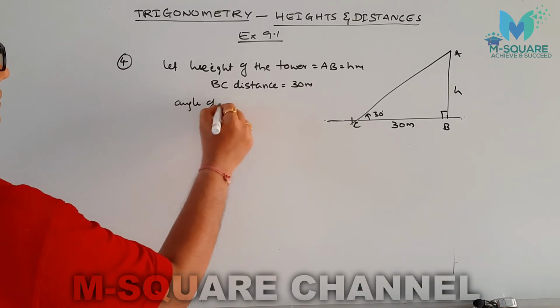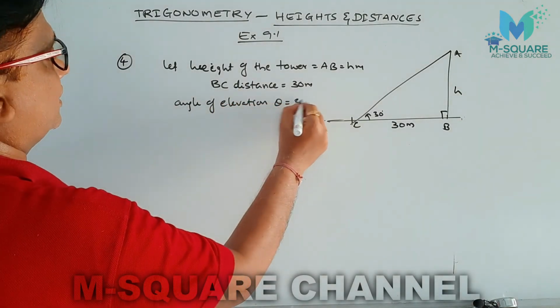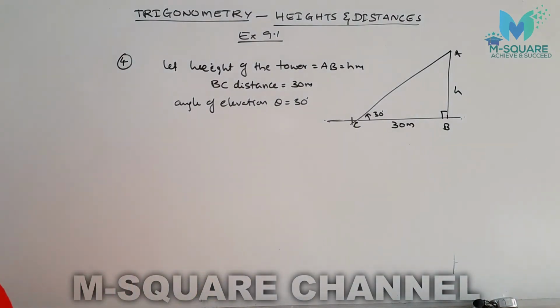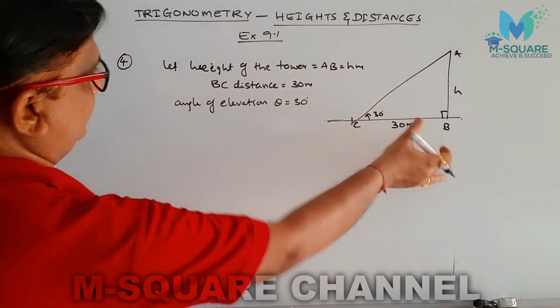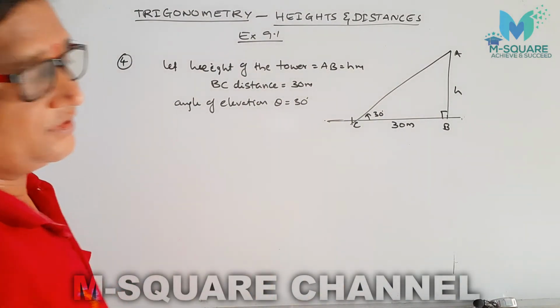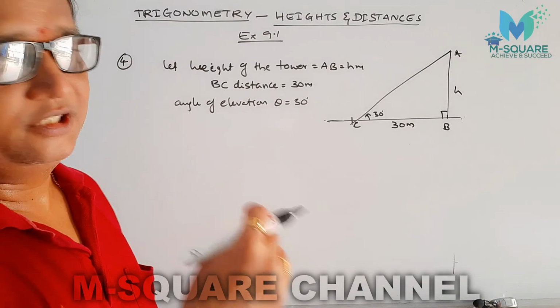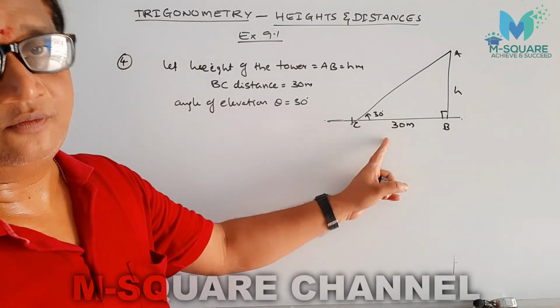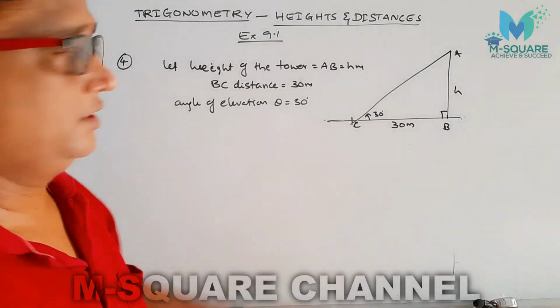So angle of elevation theta equal to 30 degrees. This is the data and figure. Figure is compulsory. Without the figure we can't do this problem, because figure carries 1 mark. While drawing the figure, that is the most important.